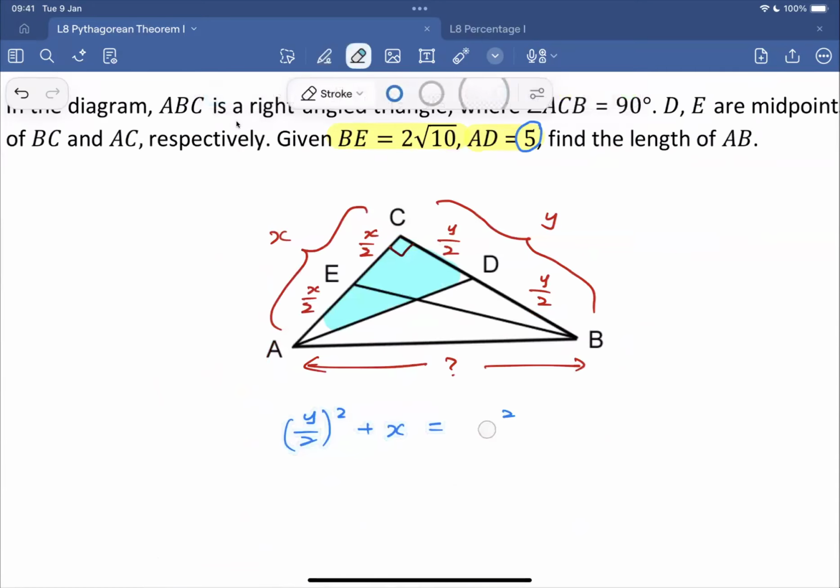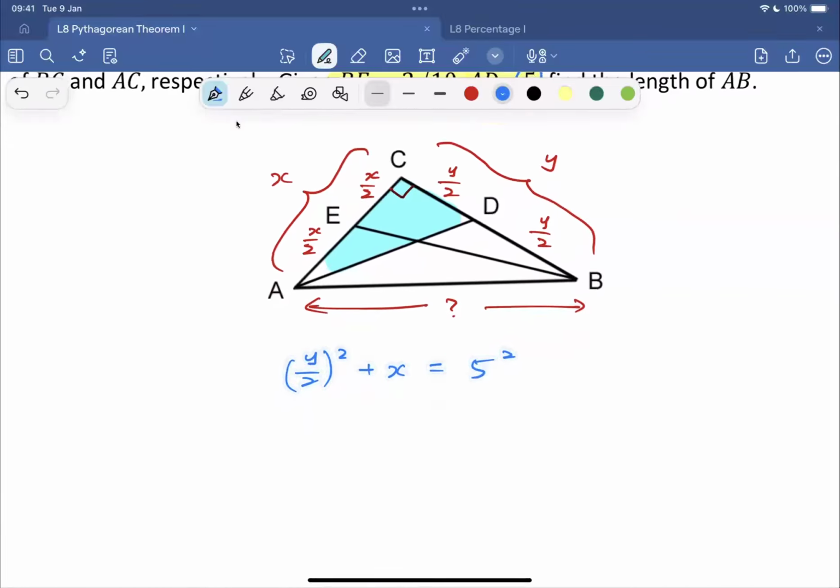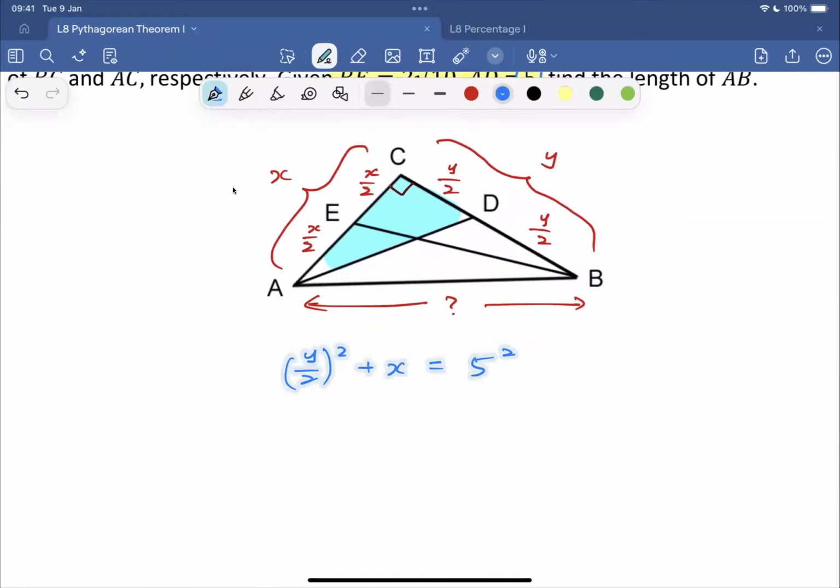So we have to input the number 5. Anyone have any questions about this so far? We are just following Pythagoras theorem, okay? Now, let's take a look. So let's simplify this even more. Y square over 2 square. So that will be y square over 4 plus x square equals to 25.